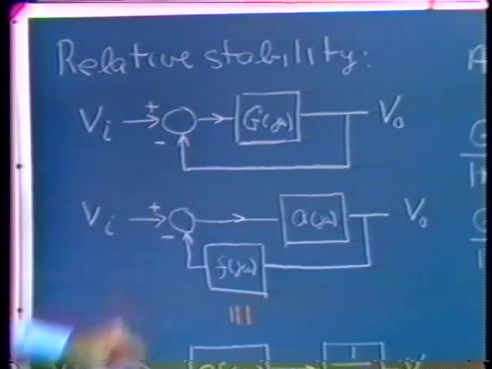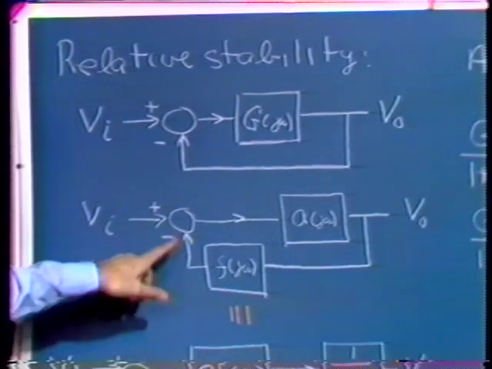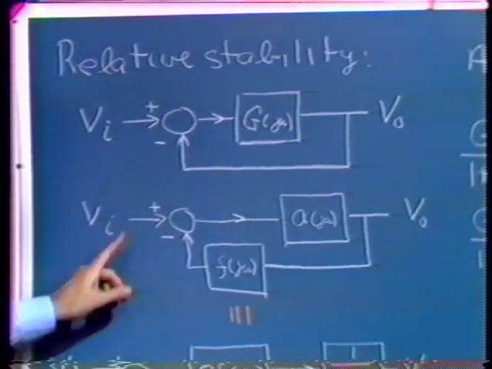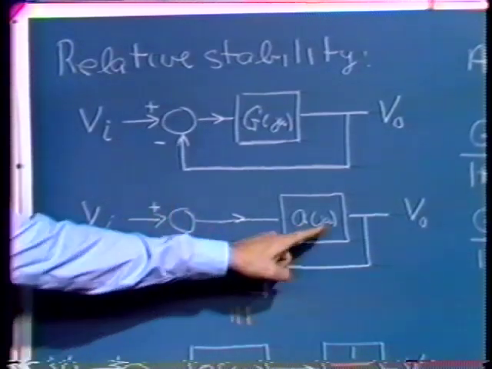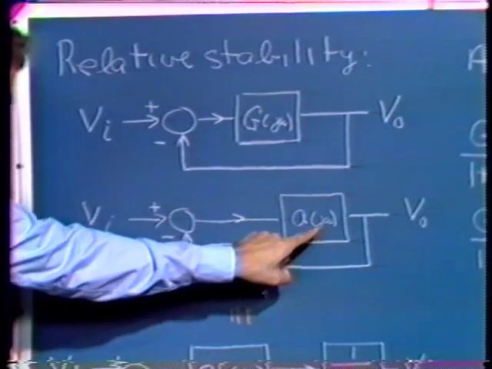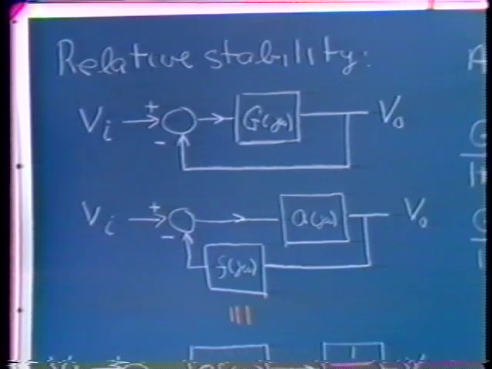Let me point out that this really isn't any restriction. Suppose we had a general system where we were interested in the frequency response. We'd like to determine V out over VI for some value of omega. And we had, in general, the dynamics distributed between the forward path and the feedback path. Well, we could manipulate the block diagram as follows.